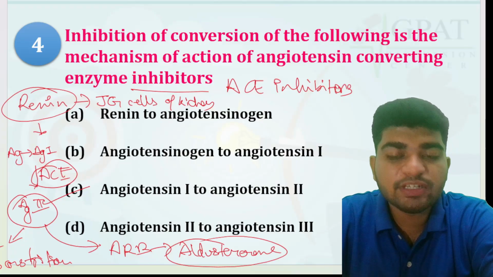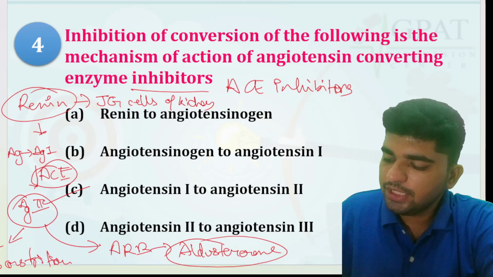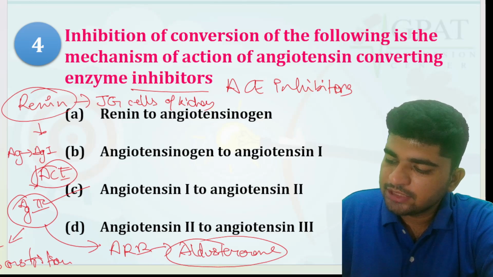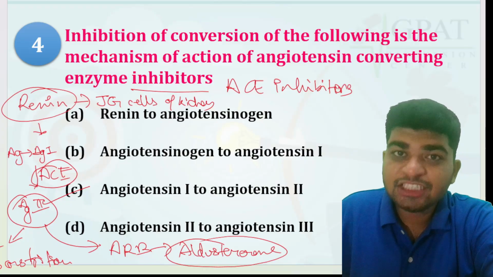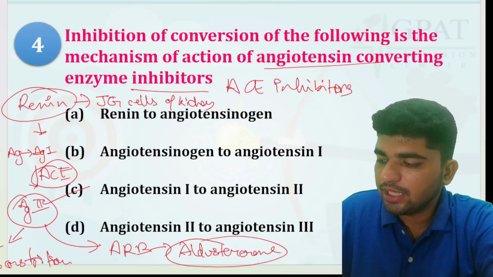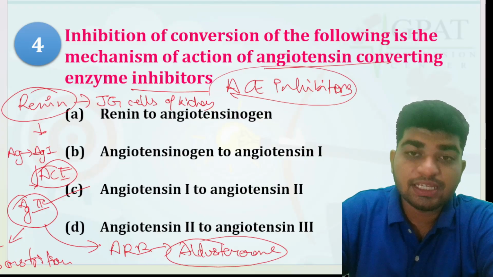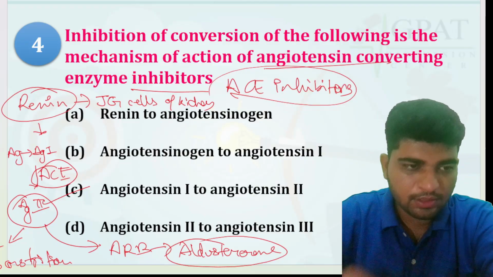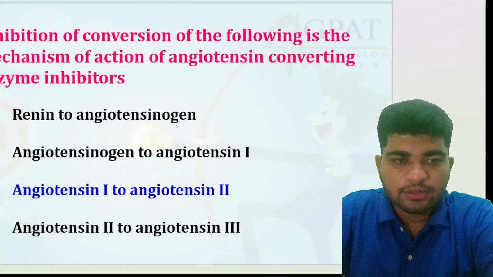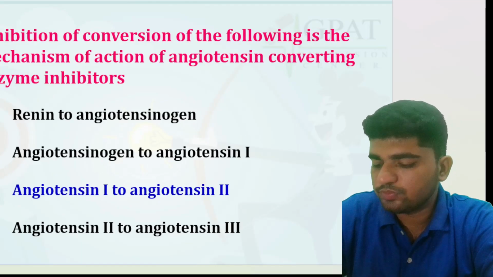This leads to an increase in BP. So the enzyme which converts AG1 into AG2 is specifically inhibited by the ACE enzyme inhibitors. So this was the answer: angiotensin 1 to angiotensin 2.